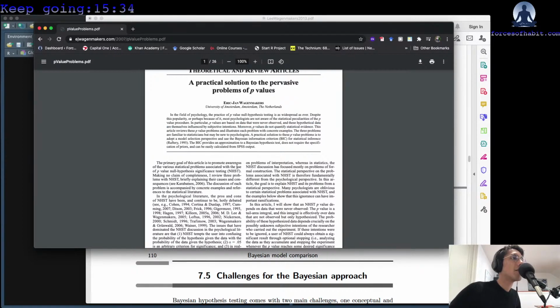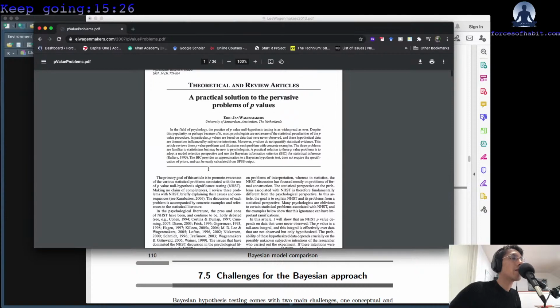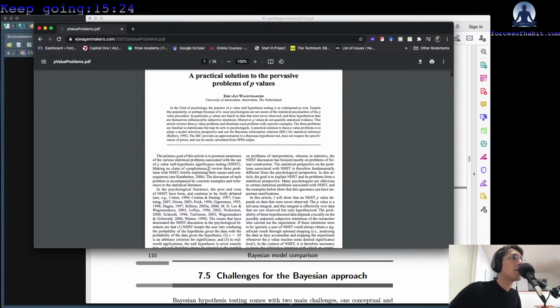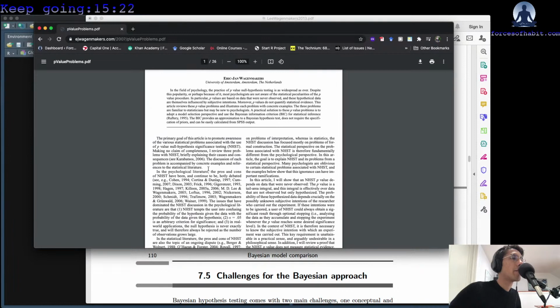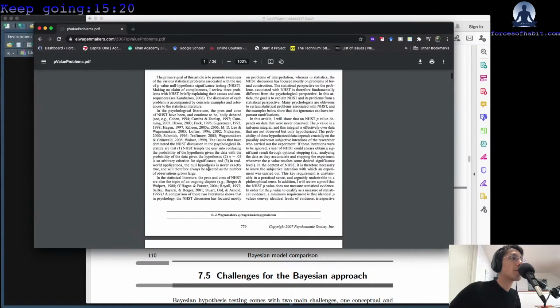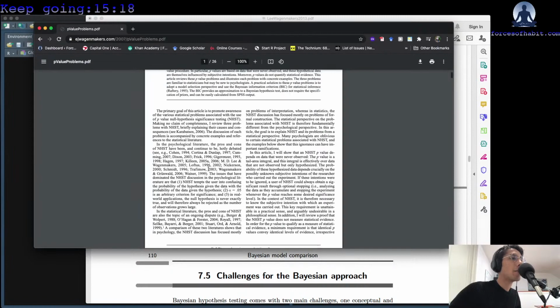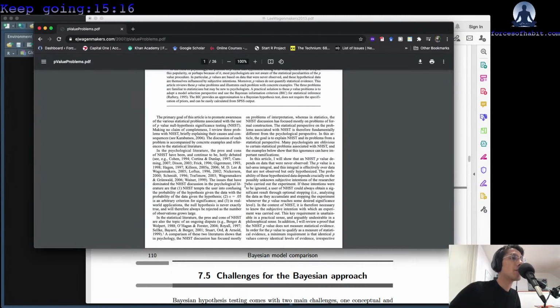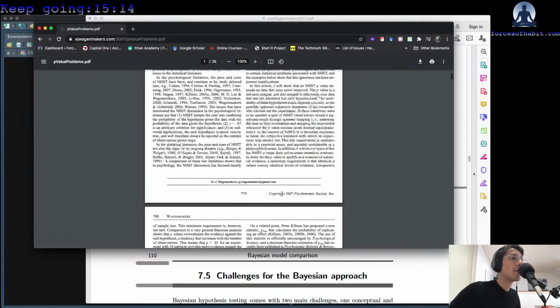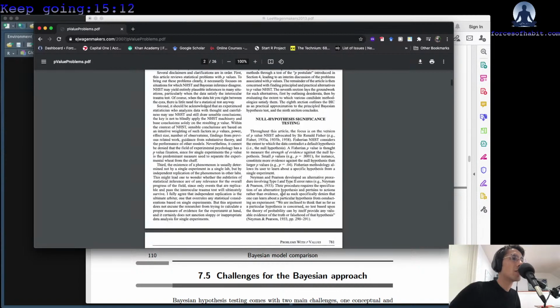So this paper is arguing for, or providing some solutions for, some of the issues that people who commonly use null hypothesis significance testing might not be aware of. And this is one of the earlier pieces touching on that.